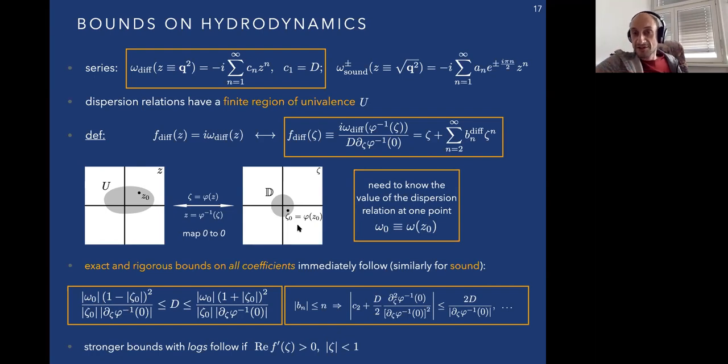So as long as you know this, now you can actually prove exact and rigorous bounds on every single coefficient of the hydrodynamic series. They follow immediately from the theory of univalent functions. So what you do is first you bound diffusion. You do this by using the growth theorem, and it's completely bounded by only the knowledge of the function at one point and the conformal map. So of course, to know the conformal map, you have to know the region U, right?